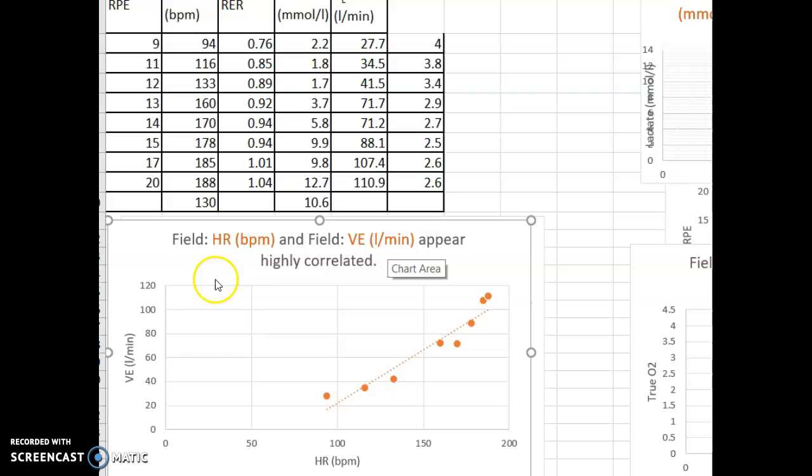All right, now I have the heart rate and the ventilation rate in liters per minute. And we see here that ventilation is increasing. This is actually some pretty clean data as the heart rate increases.